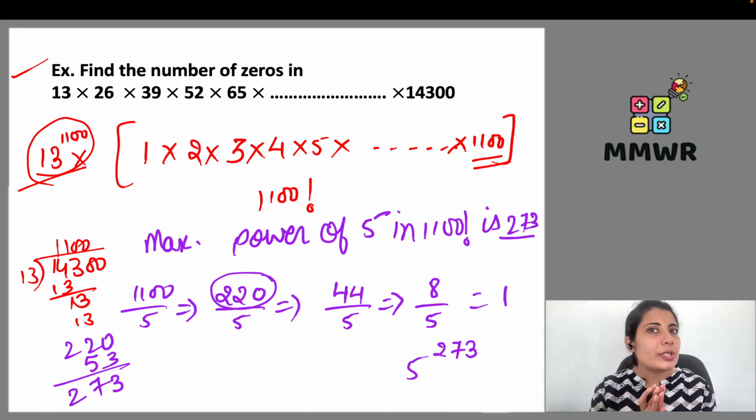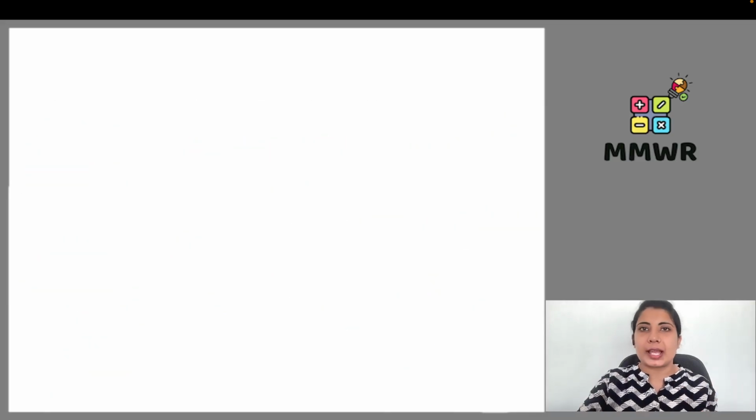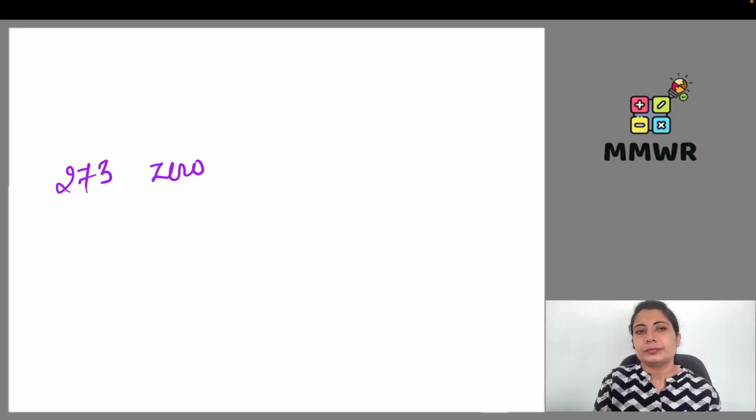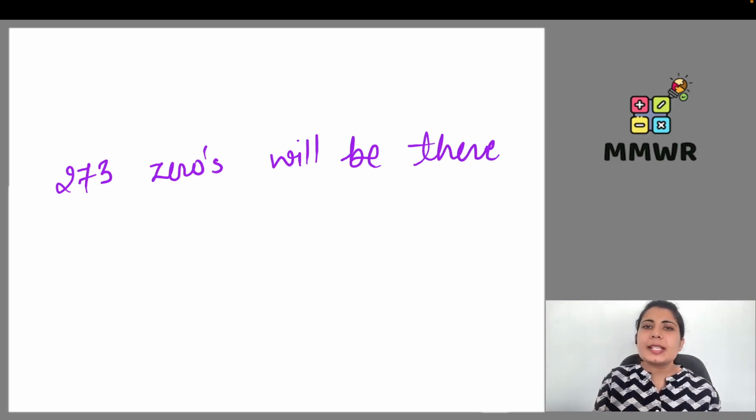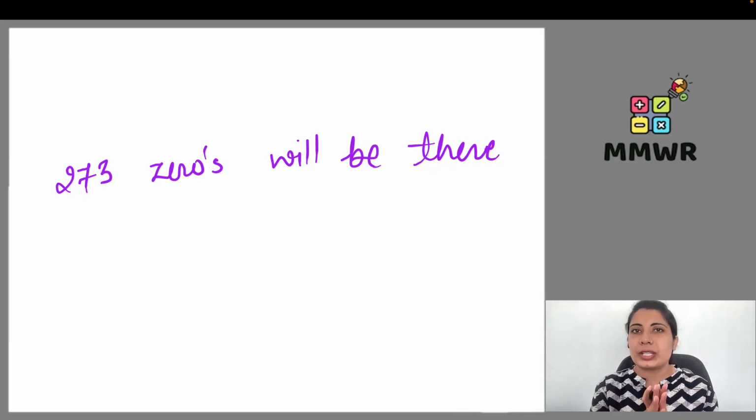So how many zeros will be there? Of course 273, because 2 की power तो ज़्यादा ही आनी है. So 273 zeros will be there. I am not saying you have to only check 5 powers. In some cases you need to check the powers of 2 also. That depends on the case. Like multiple 2 वाला जो था उसमें हमने चेक किया, 5 के multiples में 5 की power आएगी.